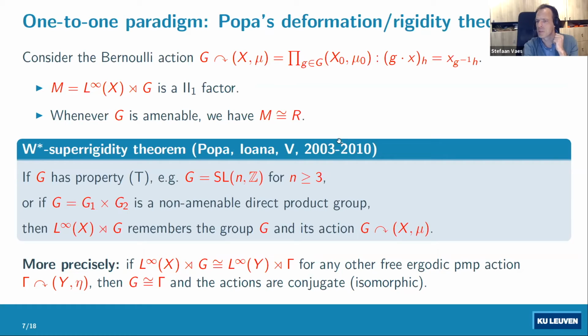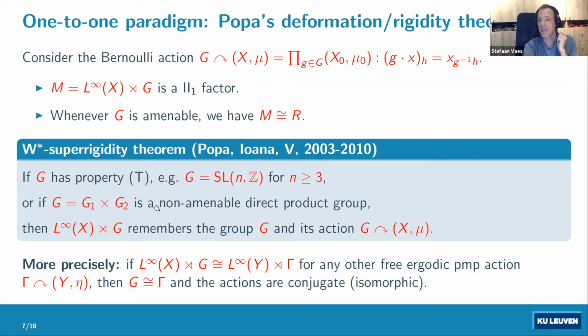I think that must be somewhere in the middle of this range of years. But of course, there was an initial version with more asymmetric assumptions in the fundamental work of Sorin Popa. And then, since then, it has been developed for many other types of groups, in particular for direct product groups.